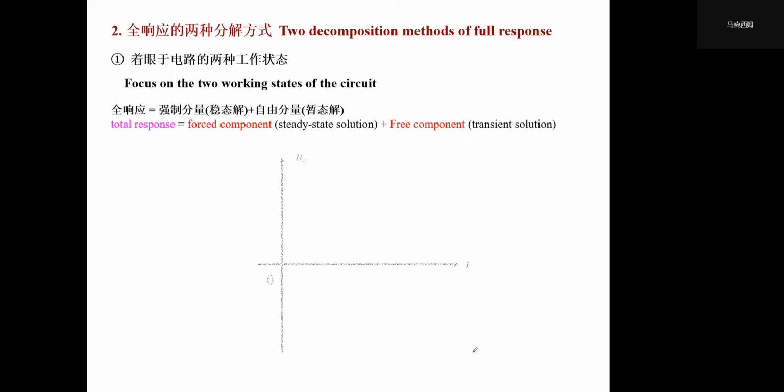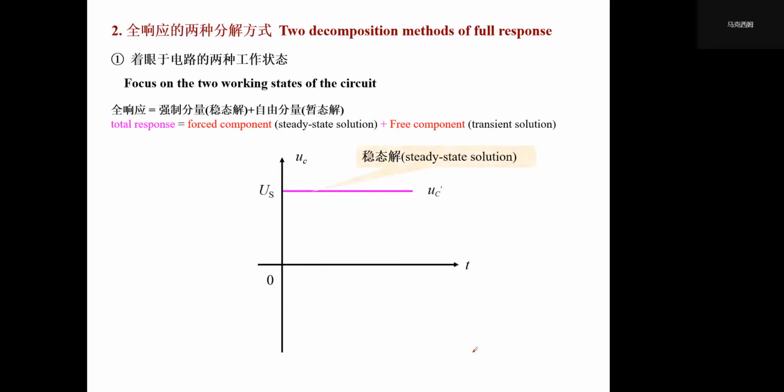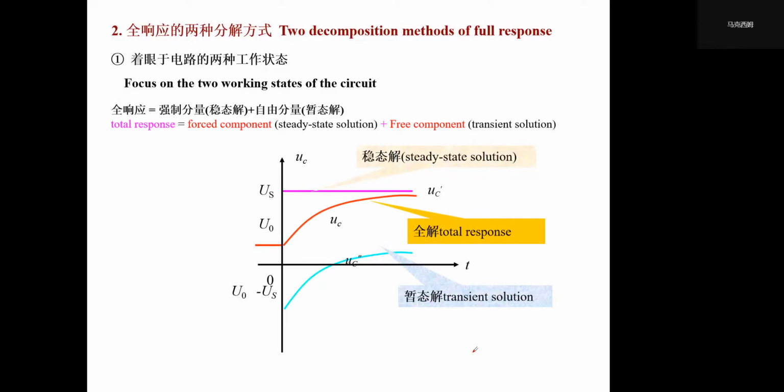The pink line is the steady state solution, and this blue part is the transient solution, and we can combine them. So we have the total response, that's the response of the red one. So it actually contains two parts, and it has a very clear physical meaning.